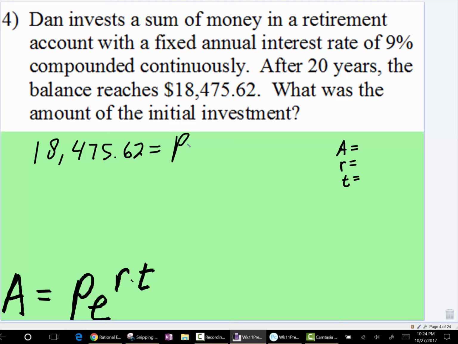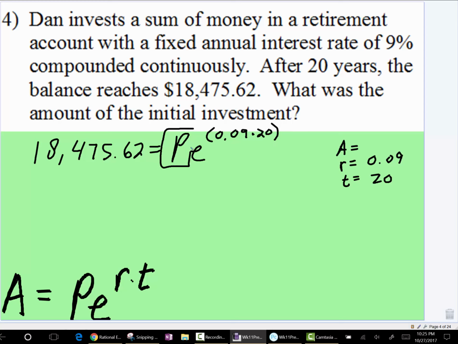We don't know the P, but we do know the rate is 9%, so 0.09, times the time, which is 20 years.